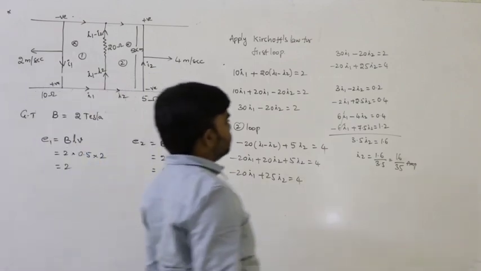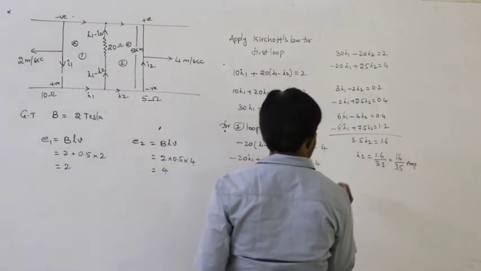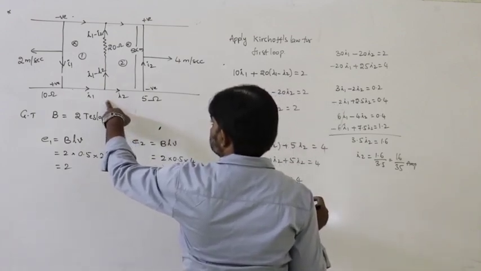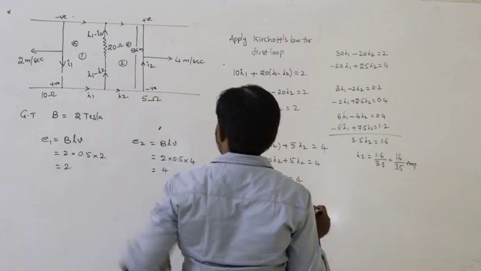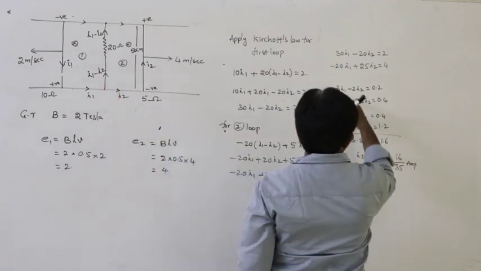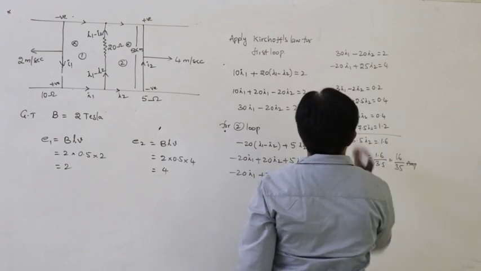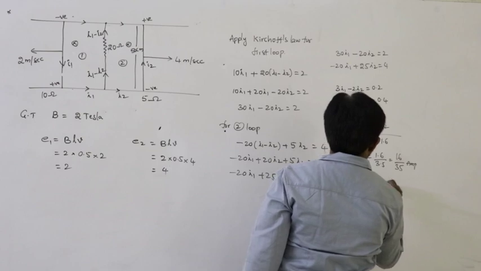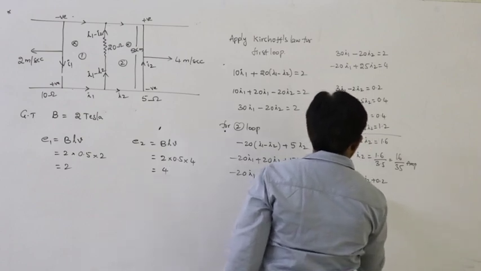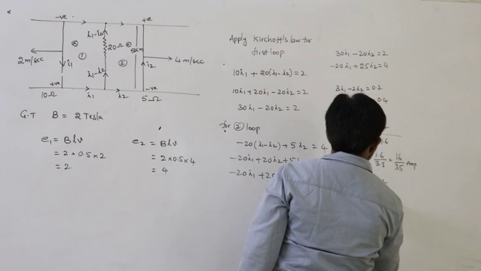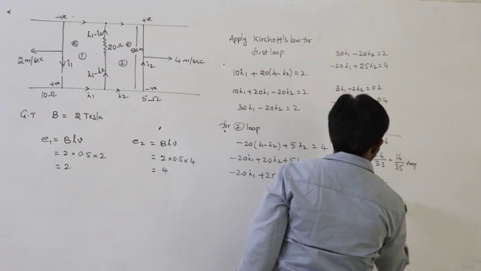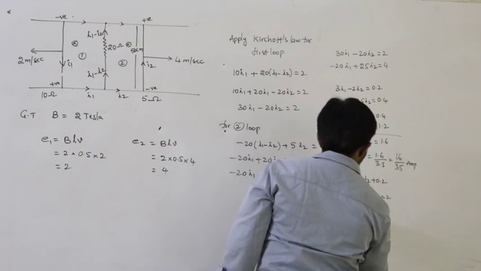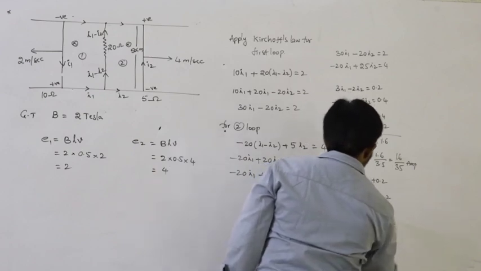Next, in the same way, I1, which we have to calculate. So here 3 I1 is equal to 2 I2 plus 0.2. So 3 I1 is equal to 2 into I2, which is 16 by 35, plus 0.2. So 3 I1 is equal to 32 by 35 plus 0.2.